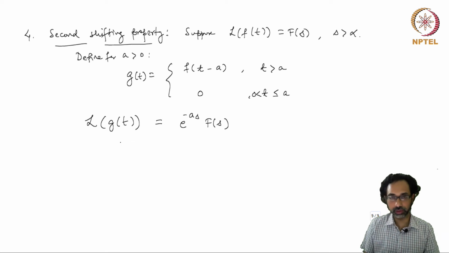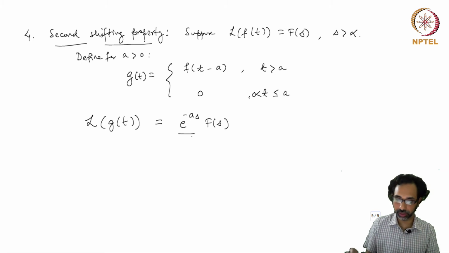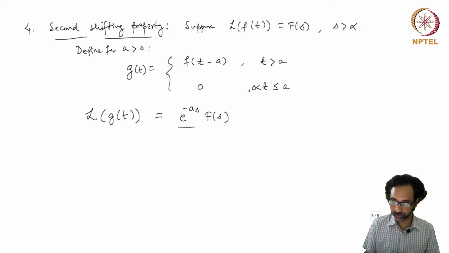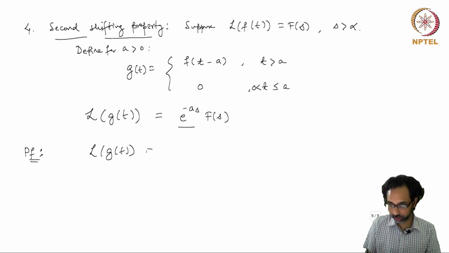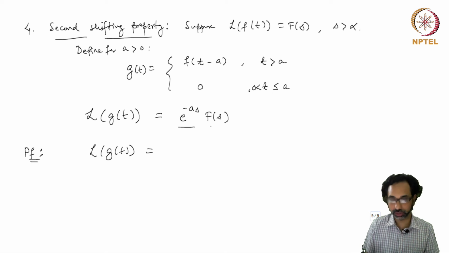So we see that in the first shifting property, the multiplication is by e^(ct) on the left of the Laplace transform, but in the second shifting property the multiplication is by e^(-as) on the right hand side of the Laplace transform. So let us again try to prove this second shifting property. I want to show that the Laplace transform of g(t) is e^(-as) times F(s).